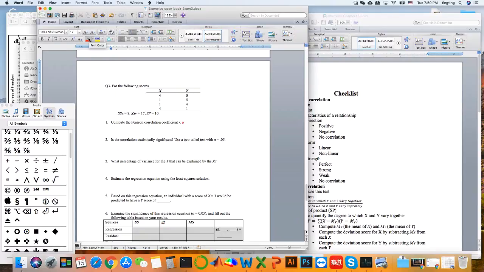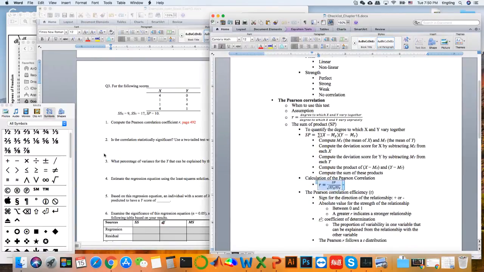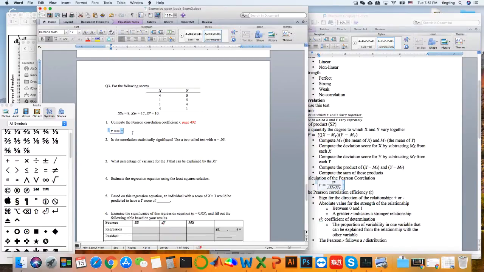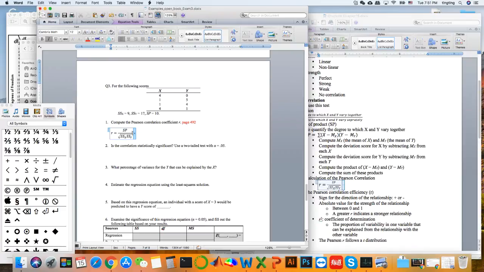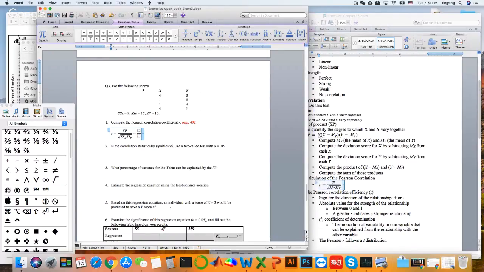Here we have the formula: r equals SP divided by the square root of SSX and SSY.